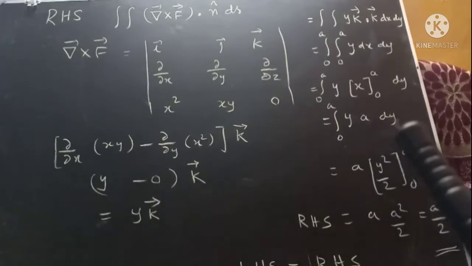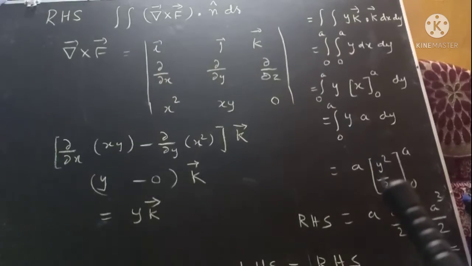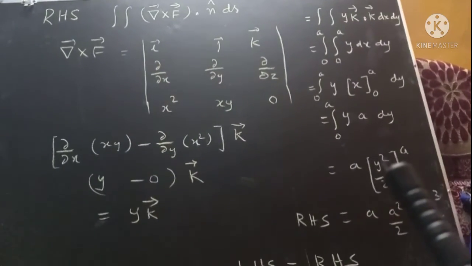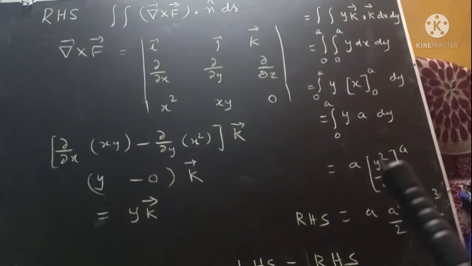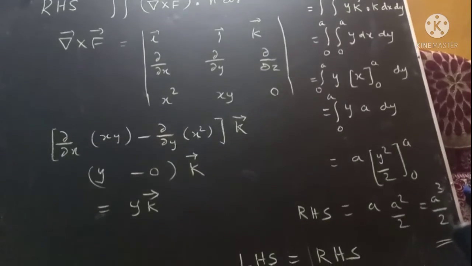A is constant, the integral of y dy is y square by 2, limit 0 to a. Put y is equal to a: a square by 2. A into a square by 2 is equal to a cube by 2.